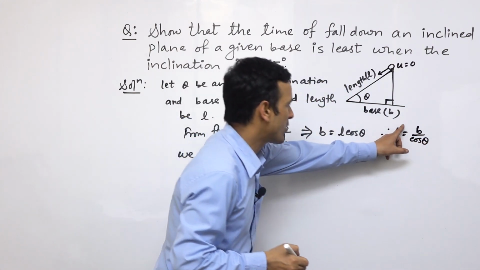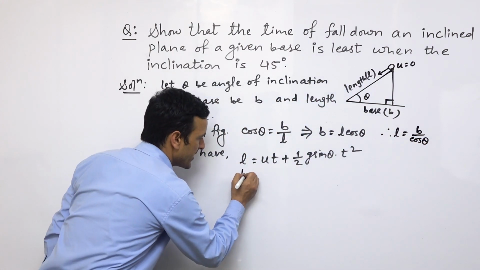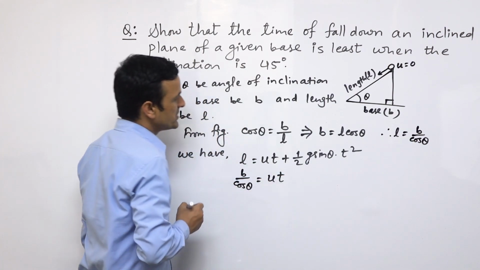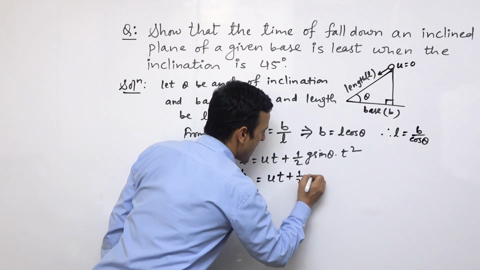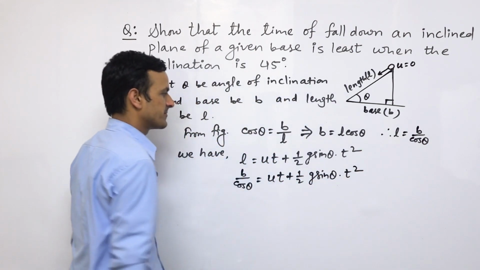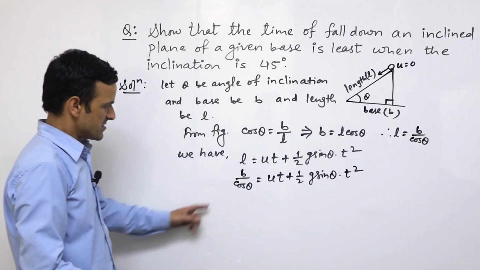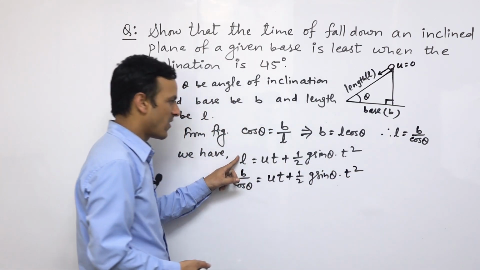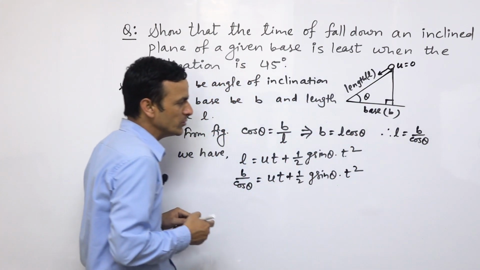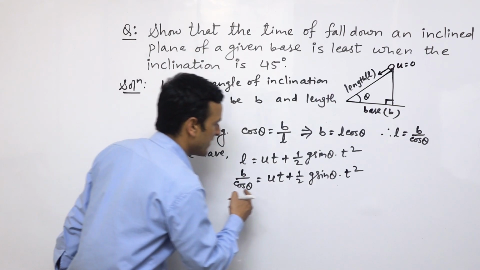So this value is substituted here. L, that is B by cos theta, is equal to ut plus half g sin theta into t square. So this is the expression by putting the value of L from this triangle, from where we are able to find the value of L.